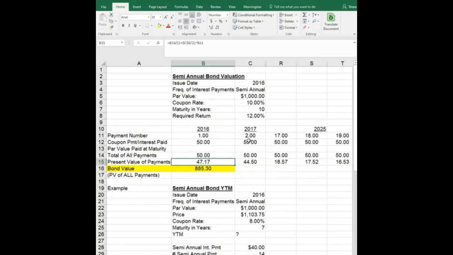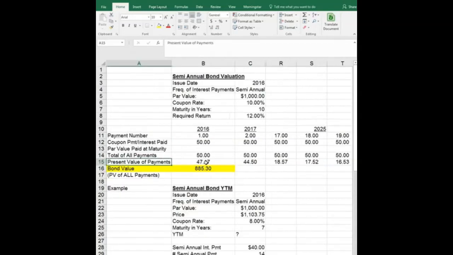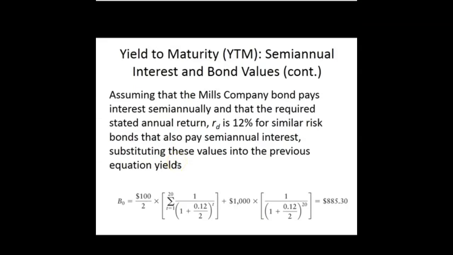If you look here in the formula, you'll see we take the $50 divided by 1 plus 12% divided by 2, or 6%, raised to the power of 1, the coupon payment. We convert all those payments to present values, take the sum, and it gives us $885.30, the same result that we have with the formula.